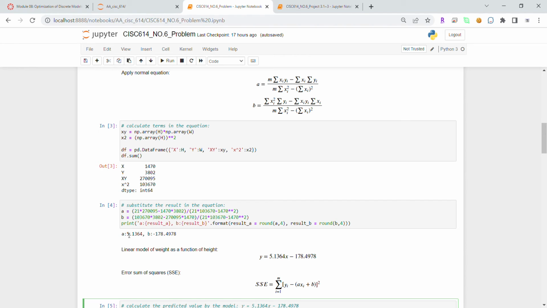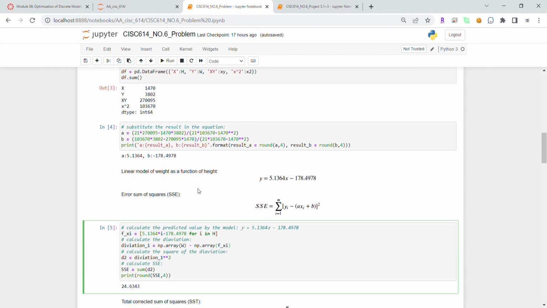We get A is 5.13 and B is minus 178. So the linear model of weight as a function of the height looks like this. And then I calculated the error sum of squares, SSE.